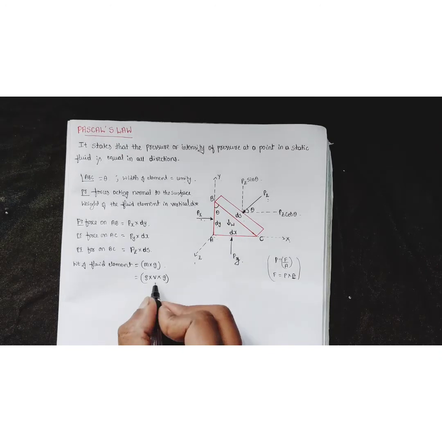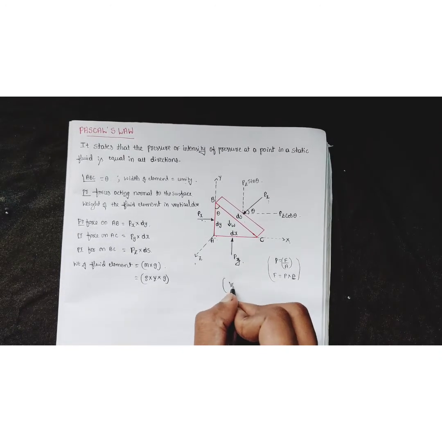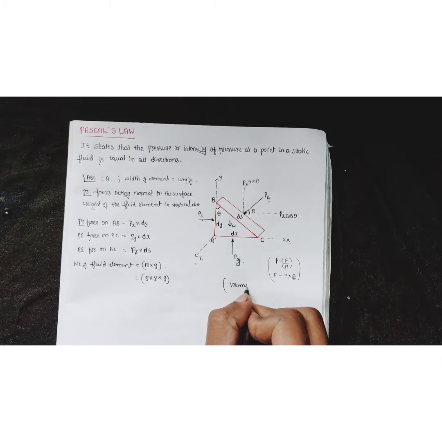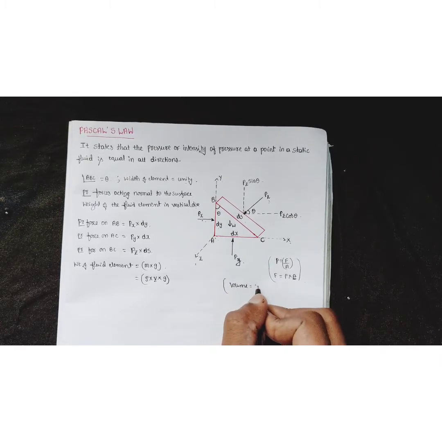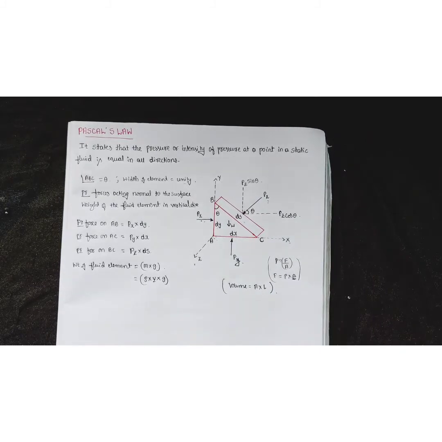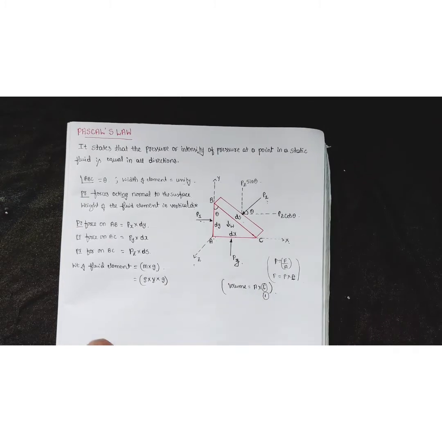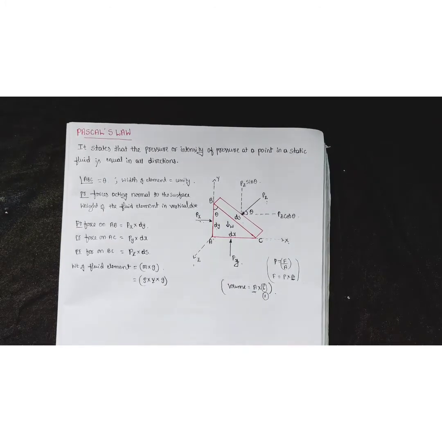Now our intention is to find this volume. What is generally volume? Volume is area into length, or area into width we can consider. This width is considered as unity, 1. So hence we need to concentrate only on area.